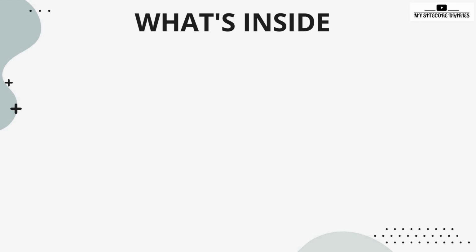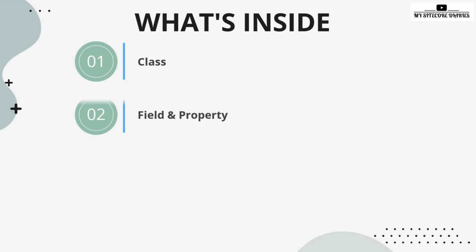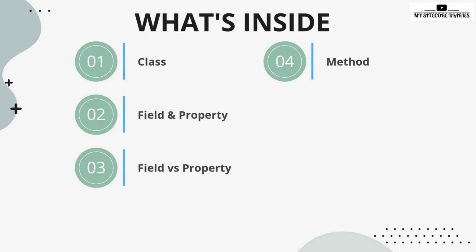So what's inside in this video? Initially, we will see what is class. We will revise what is class. We already saw the detail of what is class in the last video. Then we will see field and property. Then we will try to find out the difference between field and property. Then we will move on to the methods.